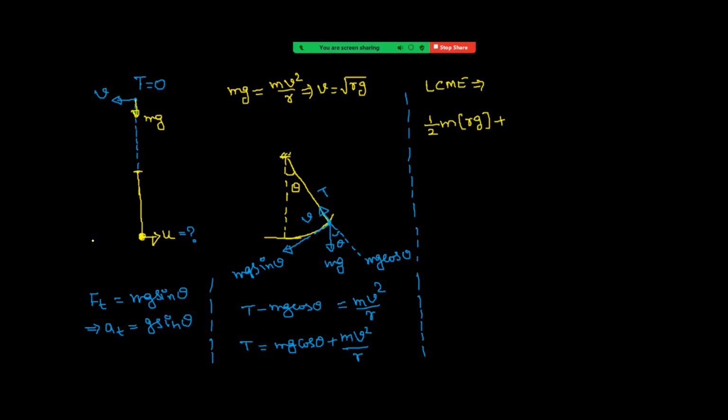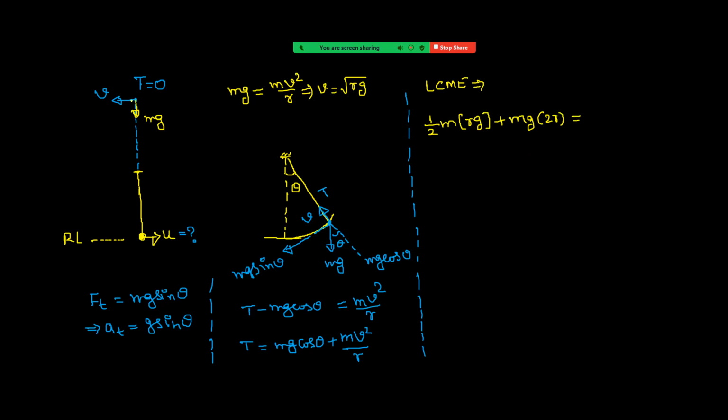Let us take the bottom as the reference level, and this is completely our choice. By taking this, height is r plus r, it is 2r. So gravitational potential energy is mgh, where h value is 2r.